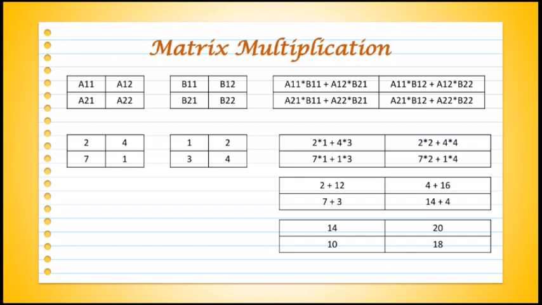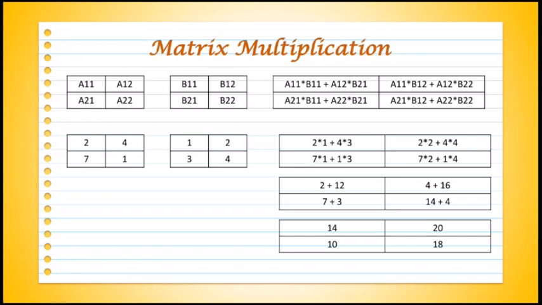To overcome this problem, there is a technique called Strassen's matrix multiplication, which uses the divide and conquer strategy. We can apply divide and conquer to reduce the number of multiplications performed in the normal multiplication.